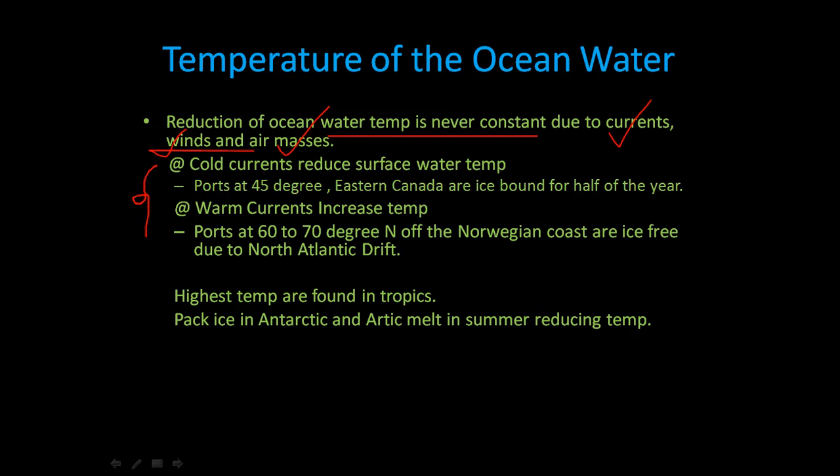We will discuss this in the next few slides. Let us keep it aside for some time. Let us come to this. The highest temperatures are found in the tropics, and pack ice in Antarctica and the Arctic melts, and that causes reduced temperature of the sea.